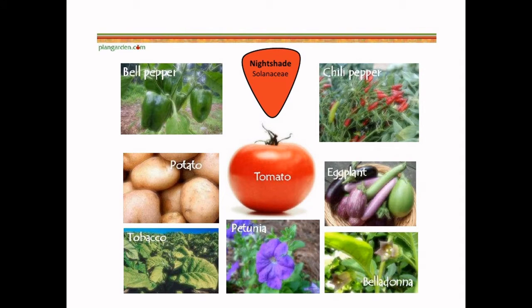Now see, these are some diagrams, pictures of members of family Solanaceae. All members belong to the family Solanaceae. For example, chili pepper, eggplant, belladonna, petunia, tobacco, potato plant, and bell pepper.